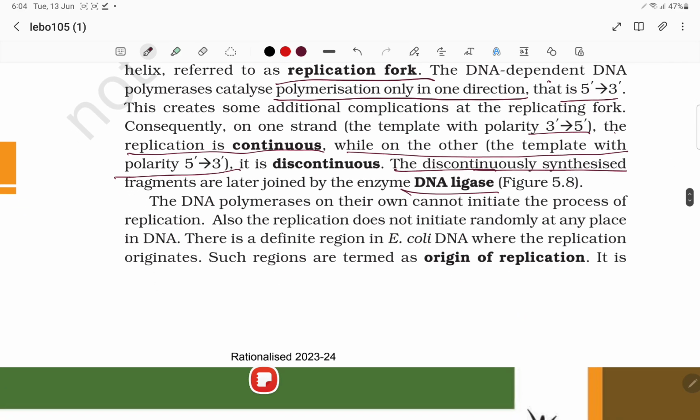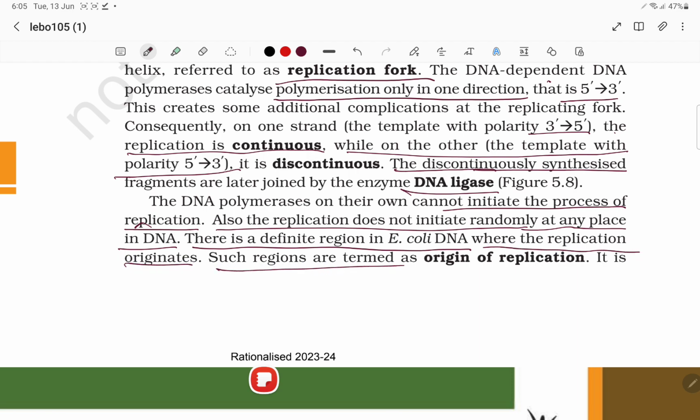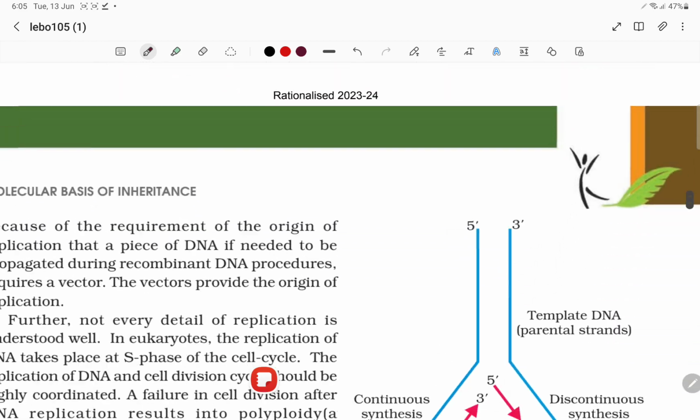DNA polymerase on its own cannot initiate the process of replication, and the replication does not initiate randomly at any place on the DNA. There is a definite region in the E. coli where the replication originates. Such a region we call the origin of replication.